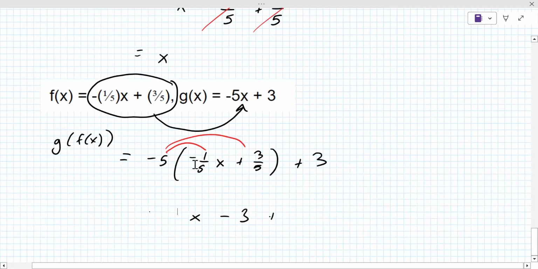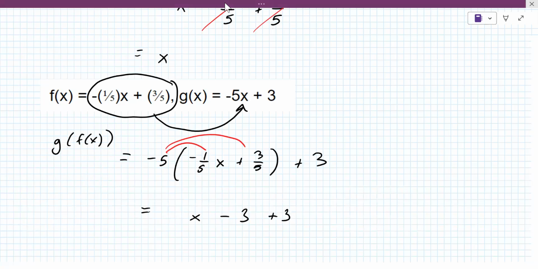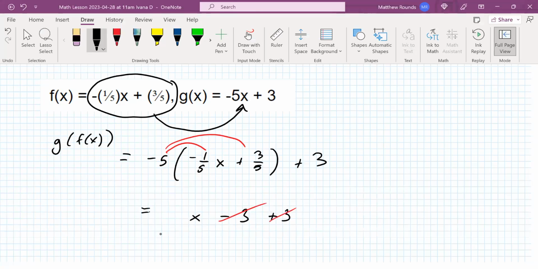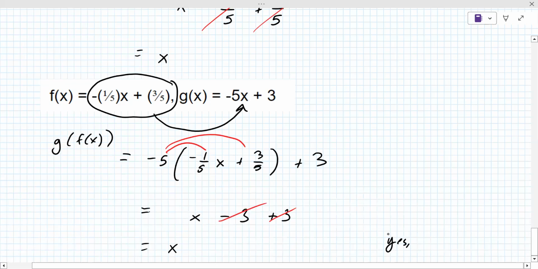Negative 5 times negative 1/5 is 1x. Negative 5 times 3/5 ends up being just negative 3 plus 3. And again, those cancel and you're left with just x. Okay, so you can say, yes, these are inverses. And it's because the composition produces just x.